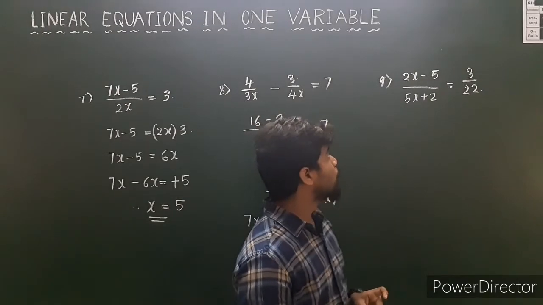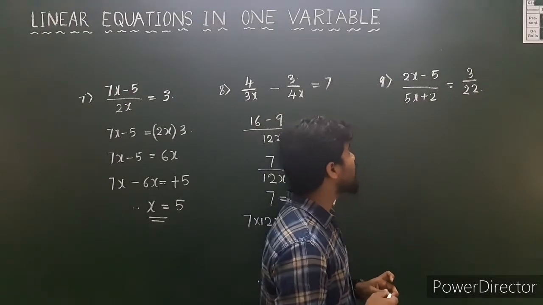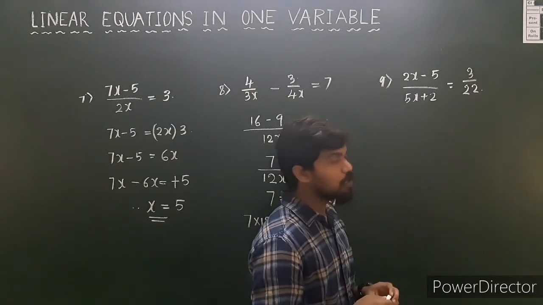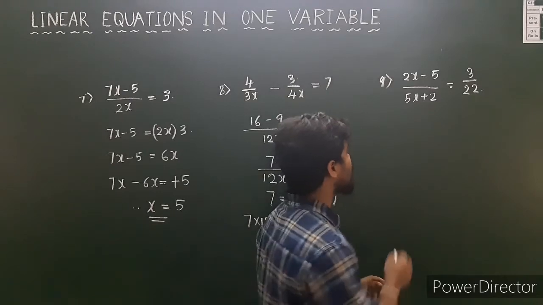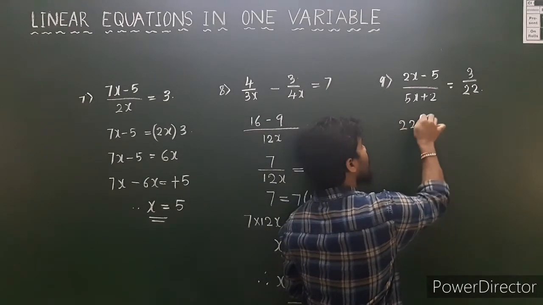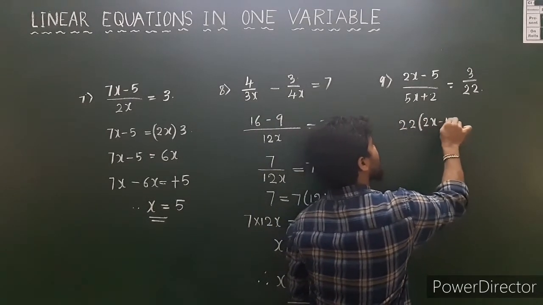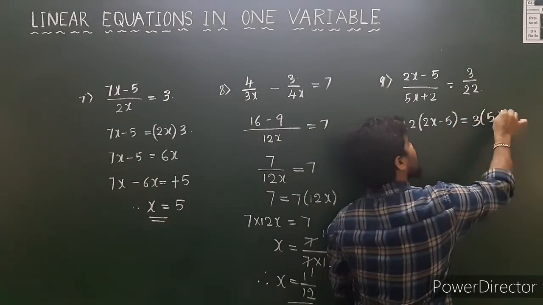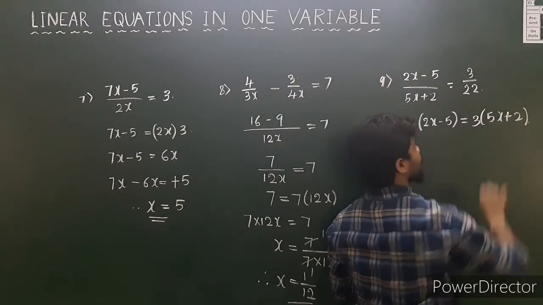Next problem. 2x minus 5 divided by 5x plus 2 equal to 3 by 22. So this problem you go through cross multiplication. So 22 of 2x minus 5 equal to 3 of 5x plus 2.